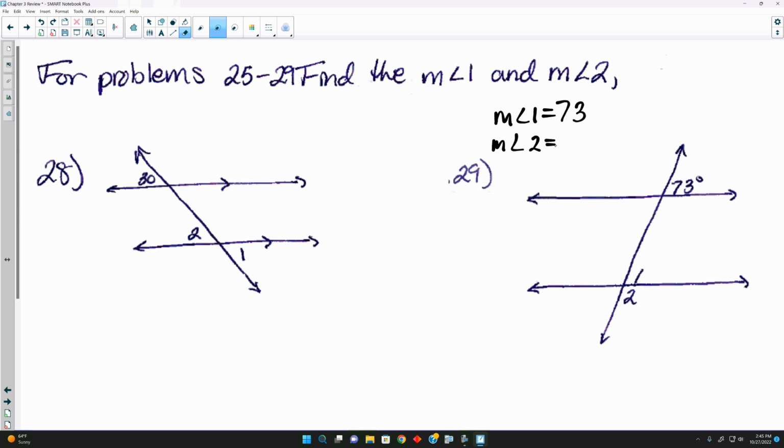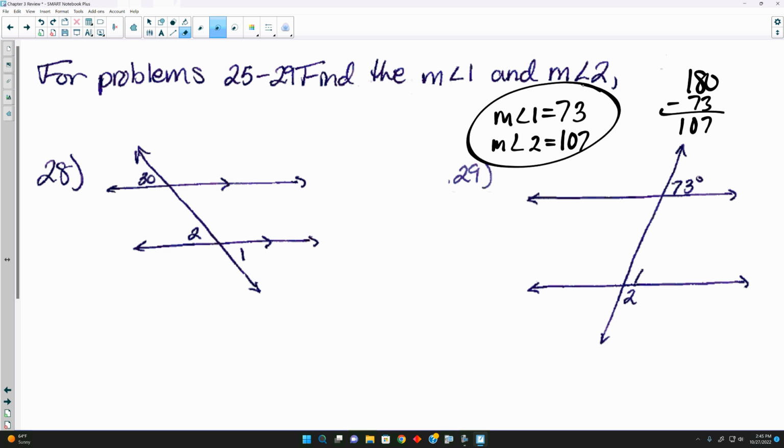It's going to be one or the other, especially if the lines are parallel. So if we subtract it from 180, we get 107. That's it.